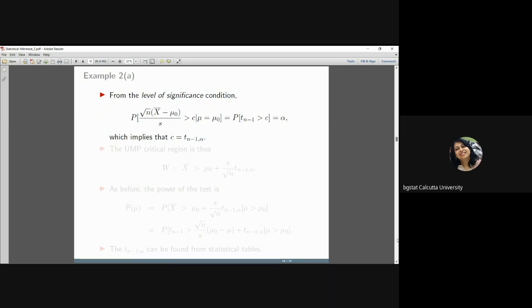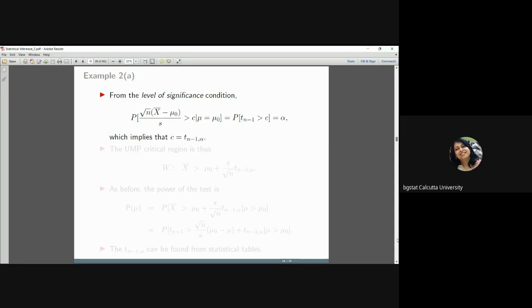We want the probability of rejection under the null hypothesis to be equal to some pre-specified alpha, which again suppose is 5%. So we want the probability that root n x bar minus mu naught over s is greater than c, given that mu equal to mu naught, to be equal to alpha.